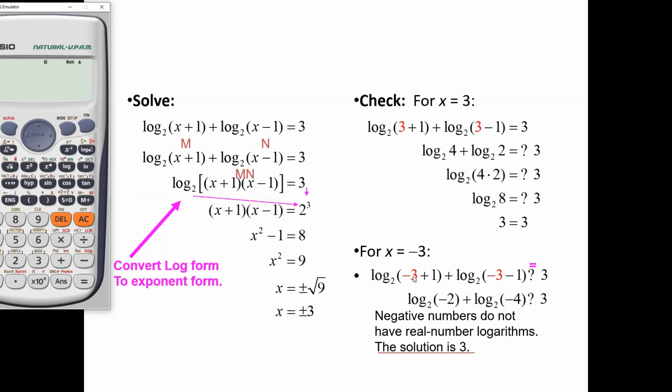If we put -3 in here, that gives us a -2, and that gives us a -4. And you cannot have logarithms with negative arguments. You cannot have logarithms with negative arguments. I forgot my word. No solution.